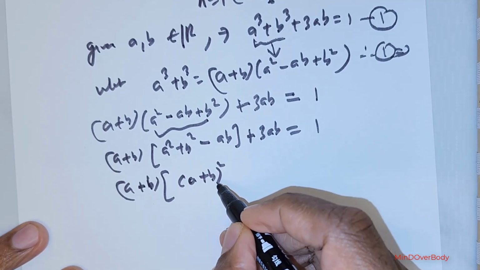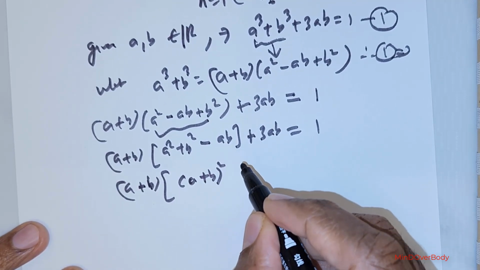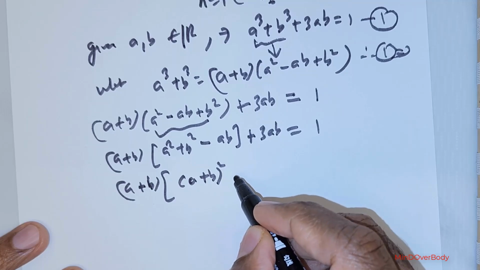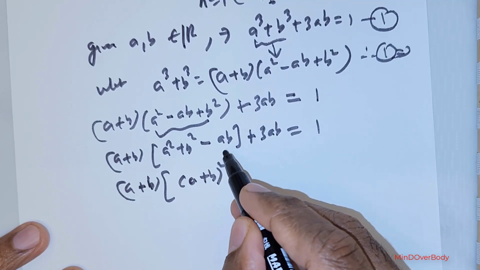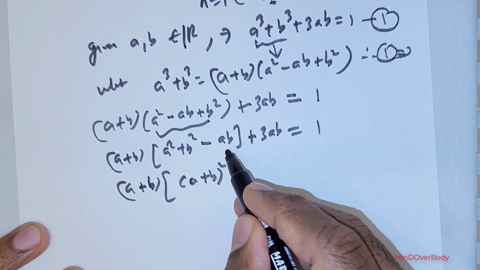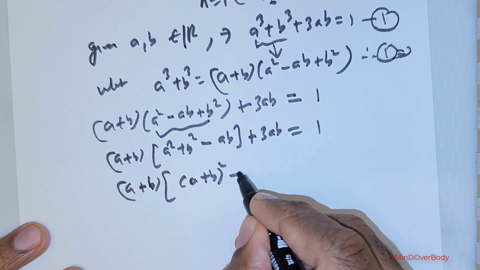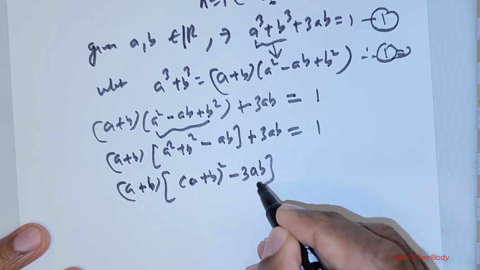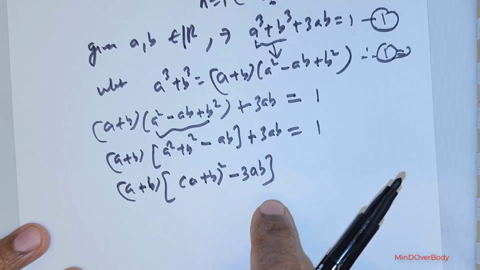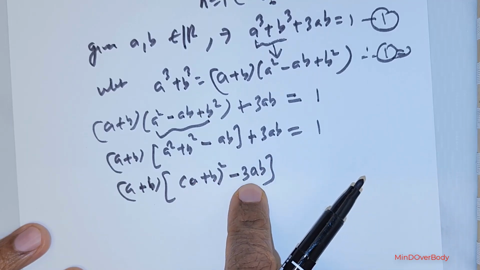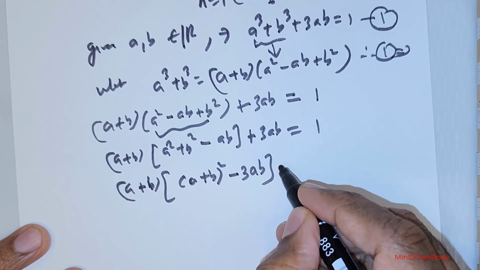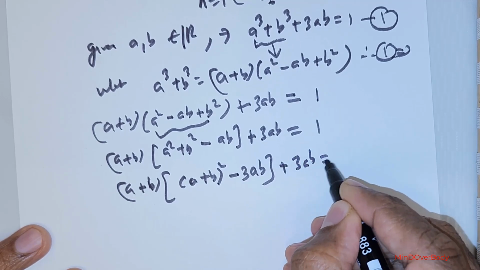I will get a 2ab, right? So if I want to have a minus ab there, I should have a 3ab here, because 2ab and minus 3ab will produce minus ab, followed by 3ab is equal to 1.